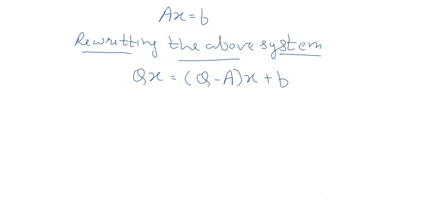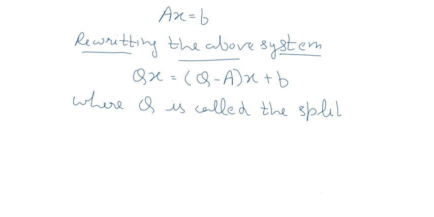You can see that Qx is added and subtracted, and the terms have been arranged, where Q is called the splitting matrix. If we give them numbers, this is number 1 and this is number 2.